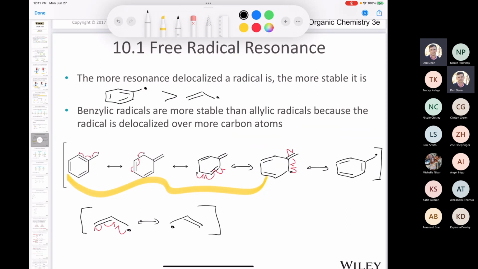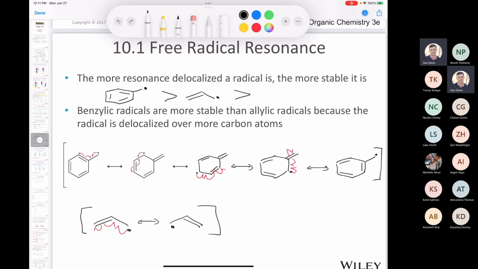No? Okay. All right. Well, look, we said that the benzylic radical is pretty darn stable because it's got all these resonance contributors, right? And then we said, well, the allylic radical is also pretty stable because it's delocalized. Both of those, as a matter of fact, are more stable than a tertiary radical.